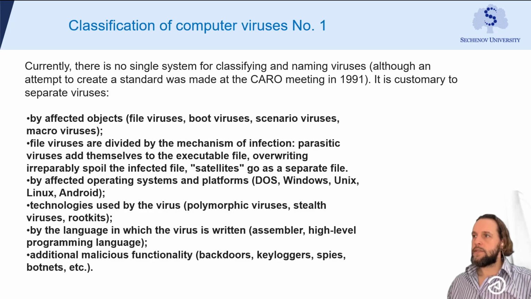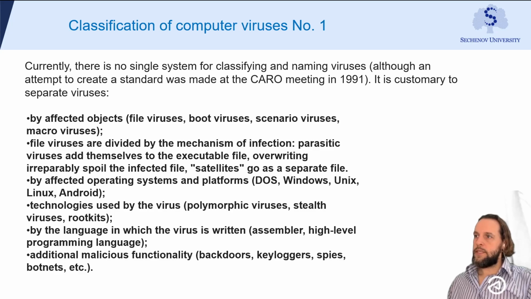Parasitic viruses add themselves to executable files, overwriting and irreparably spoiling the infected files. For example, it could be a satellite in some file which is run on your system, adding this virus code to other executable files.